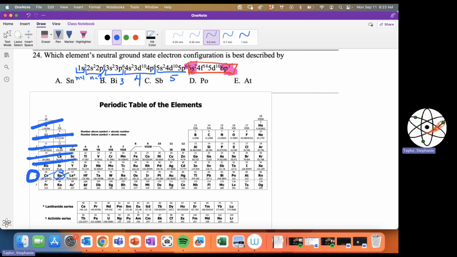Then I hop into the 4f, but this is 4f14, so it's not any of those. Then I go all the way through 5d10, it's not any of these. And 6p3: 1, 2, 3. That's where I stop, because it's the third element in the p block. That is this one right here, bismuth, Bi. So 6p3 is really the part I needed: the p block, third element from left to right.